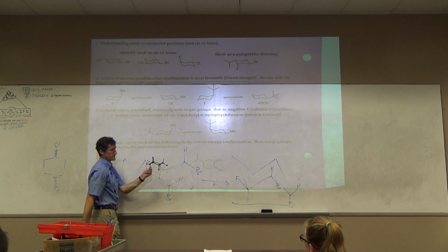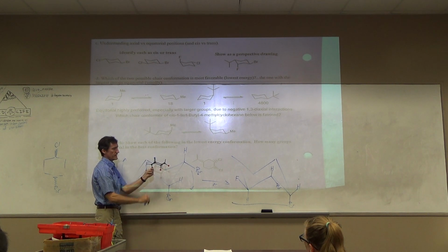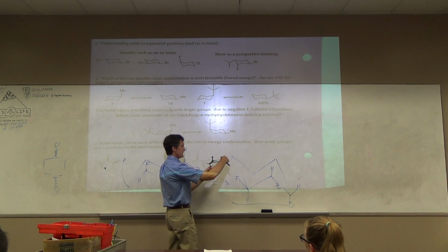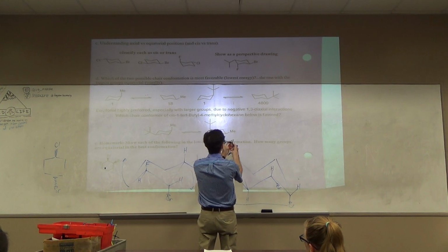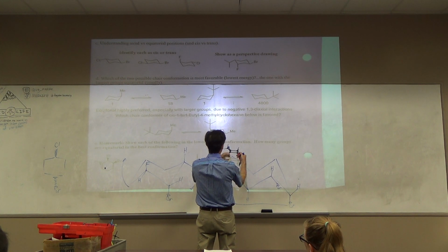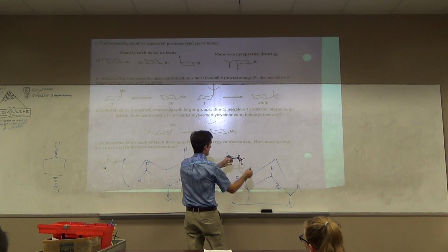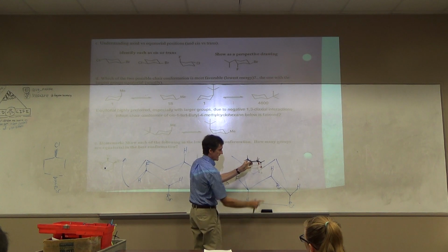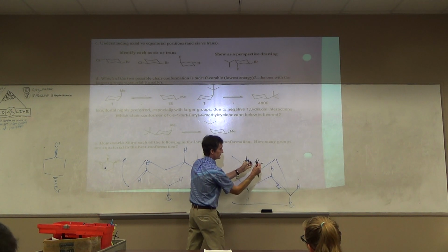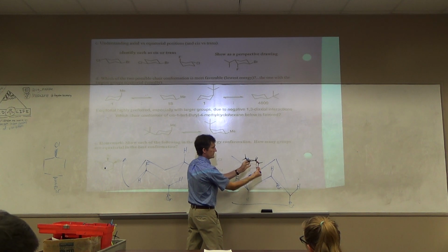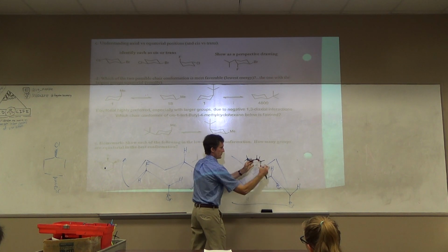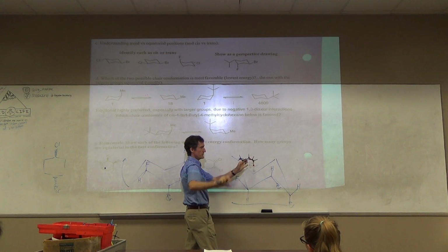Okay. We have two groups axial. I did a ring flip. Pulled this down, put this end up. And this is supposed to be this one. Now that bromine over here on the point, that's supposed to be pointed down, is straight down. This bromine is now equatorial, coming towards you.